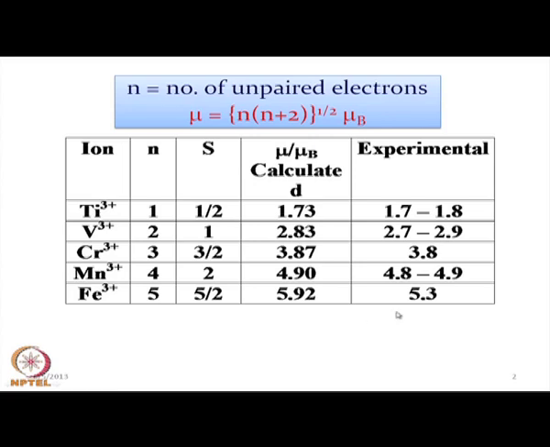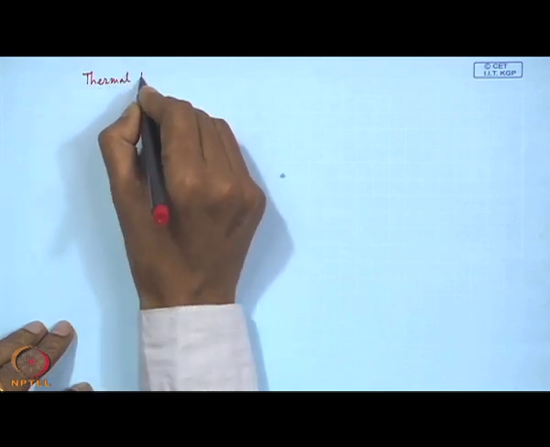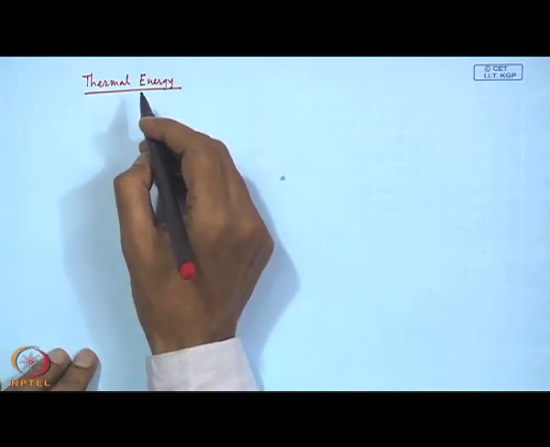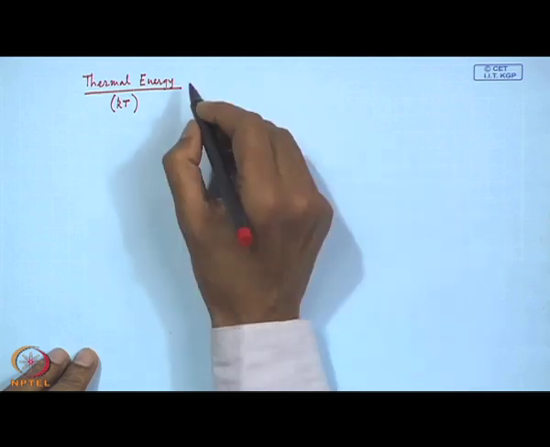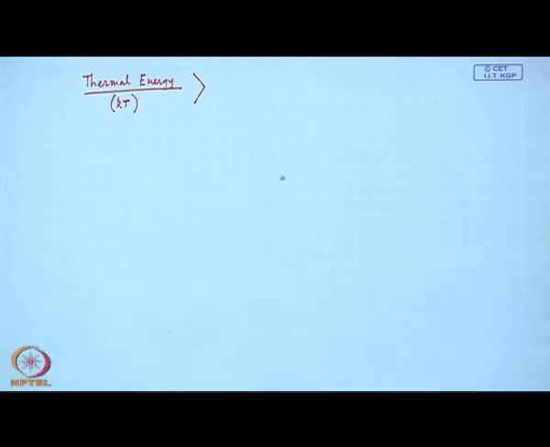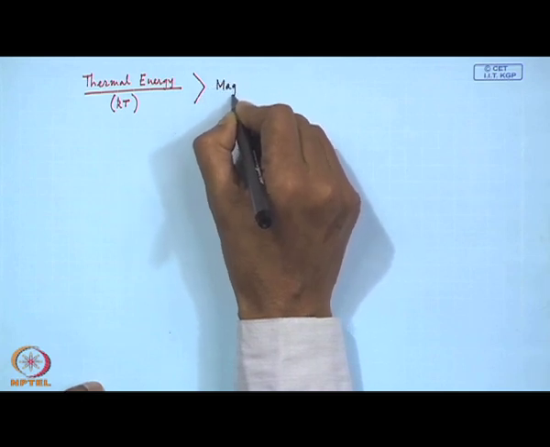So these spin-only values can be very useful when we have a particular arrangement for the first transition series ions, because we have the available thermal energy, in terms of the kT values, and this thermal energy can basically control the magnetic properties of the metal complexes.